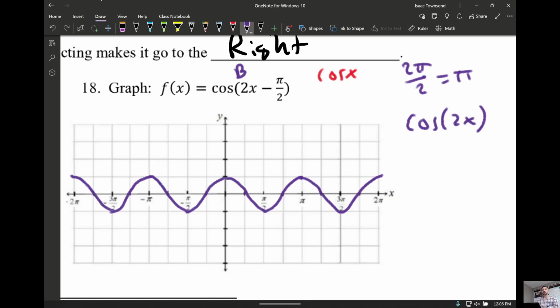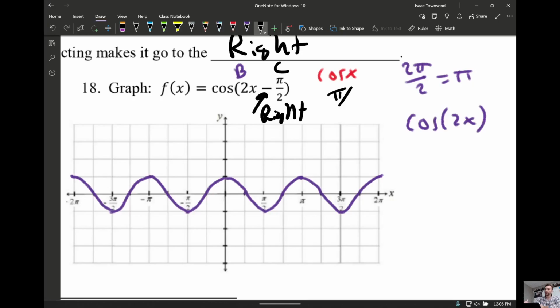Okay, and then the part that I'm really interested in is because c is not 0, this is going to be shifted horizontally in some direction. Because of this minus, I know I need to move the whole graph to the right, but how much it goes to the right is c divided by b, where c is the number you're adding or subtracting from x, and b is still the same b from period.